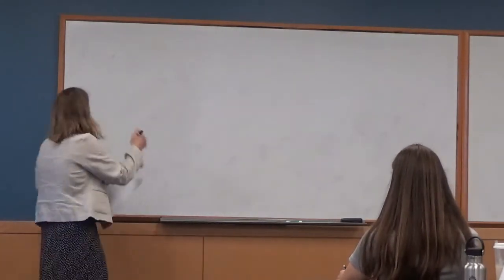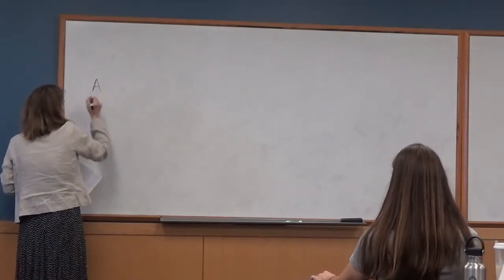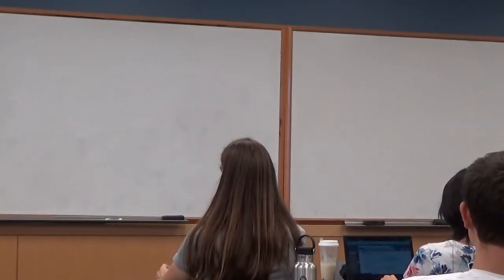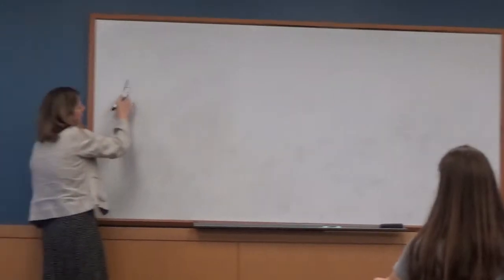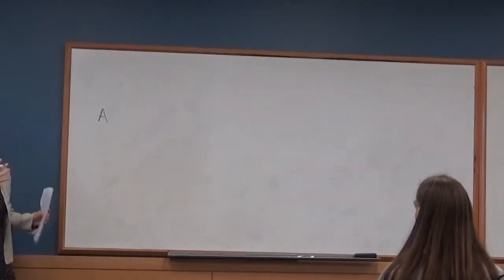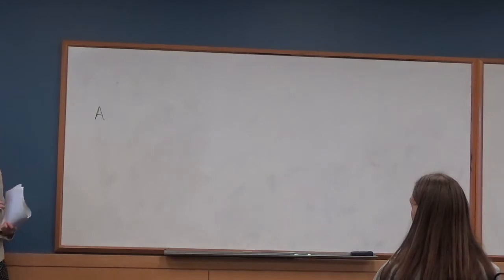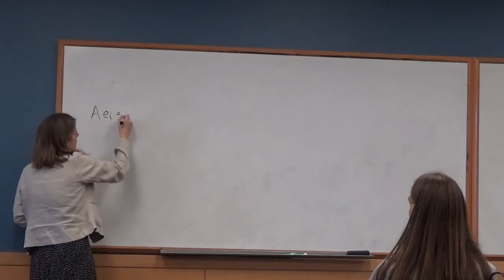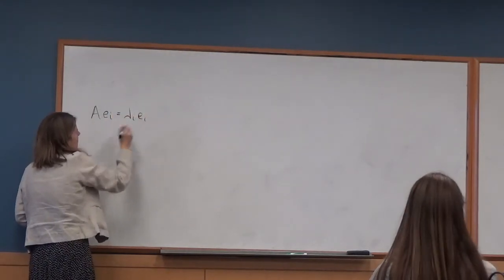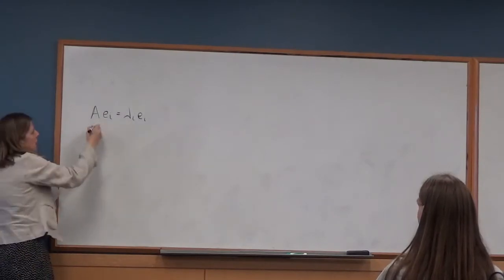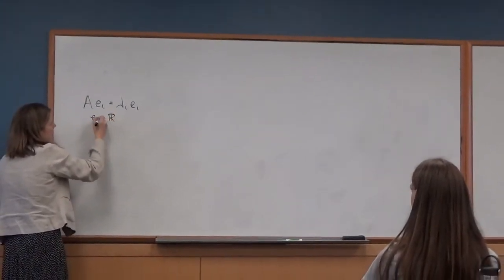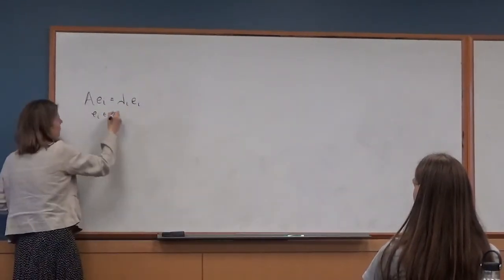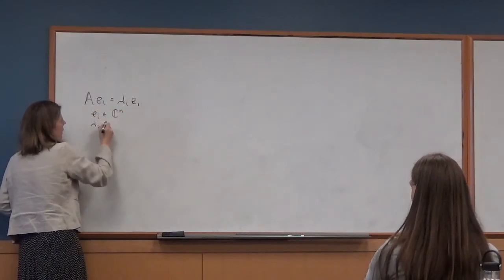Just to recall, we're restricting ourselves to square matrices A in R n by n, whose elements are real numbers, although what we're talking about holds for complex A as well. We say that e_i is an eigenvector of the matrix A corresponding to eigenvalue lambda_i if this equation is satisfied. e_i is a vector in C^n and lambda_i is a complex number.